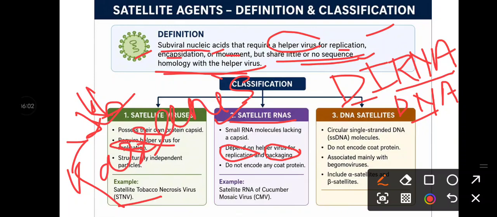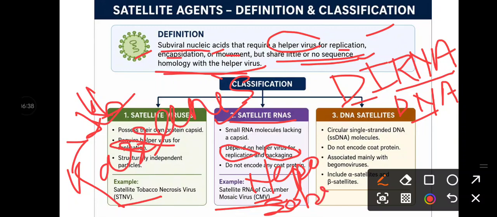Then about the satellite RNA. The example is satellite RNA of cucumber mosaic virus. Generally the satellite RNAs are commonly associated with CMV, and two other viruses, that is Nepovirus and Sobemovirus.